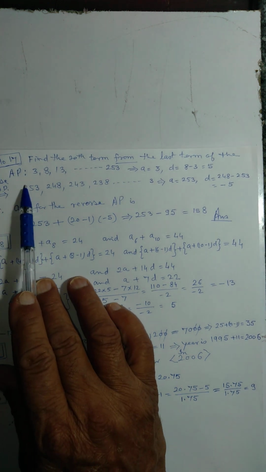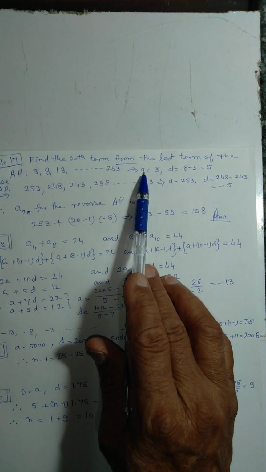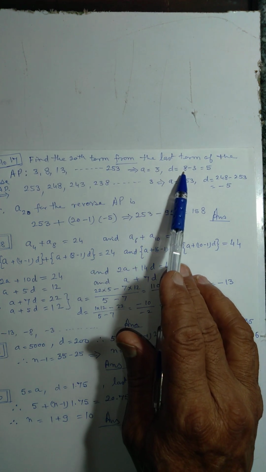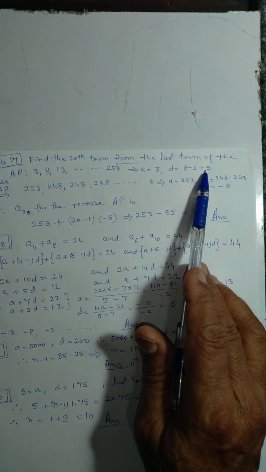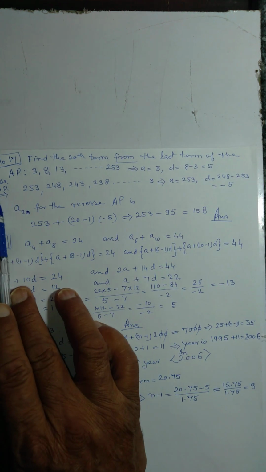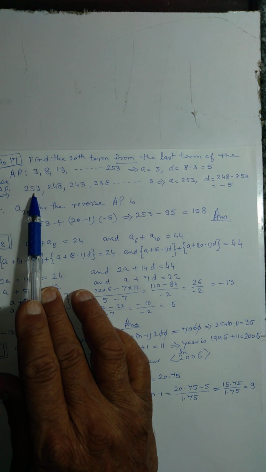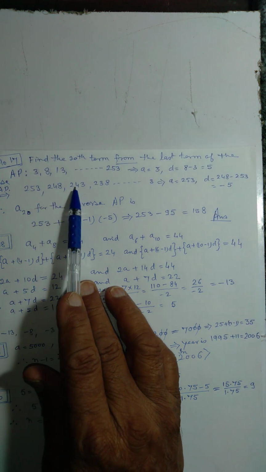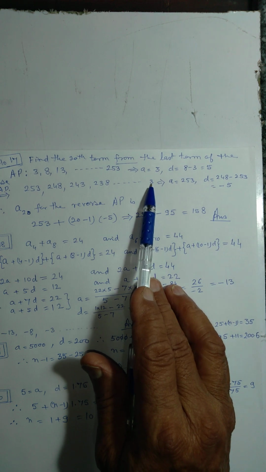You see, the AP is given 3, 8, 13 and 253. So here a is 3, d is 8 minus 3, that is 5. But when we start from the end, the common difference will become negative. You see, I have written the reverse AP. The reverse AP will start from 253, 248, 243, 238 and so on, and it will end at 3.